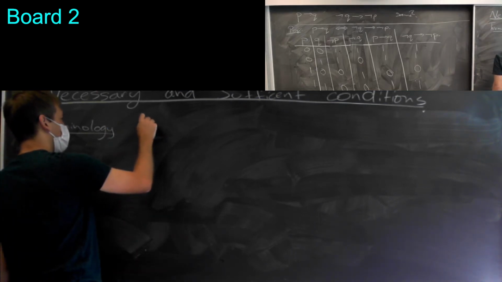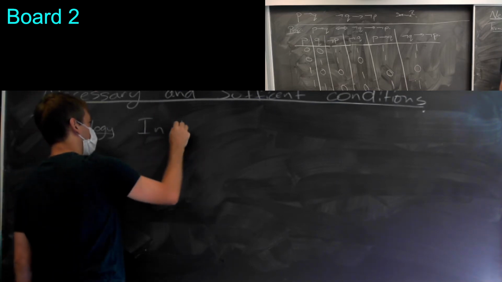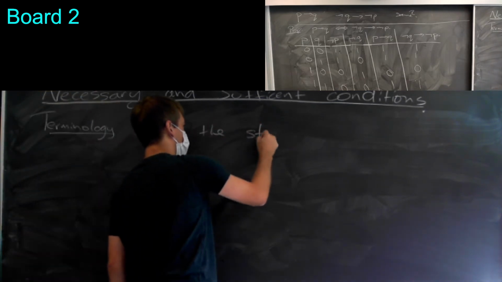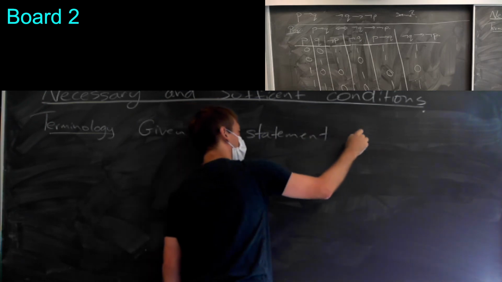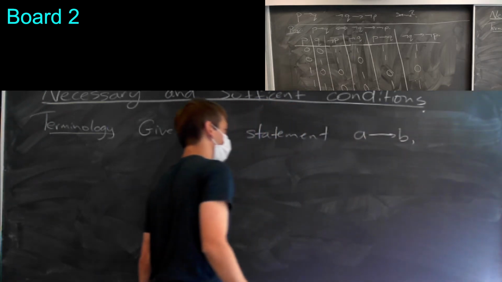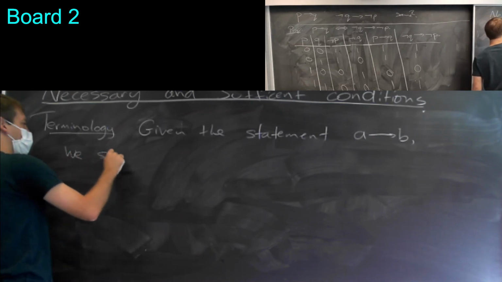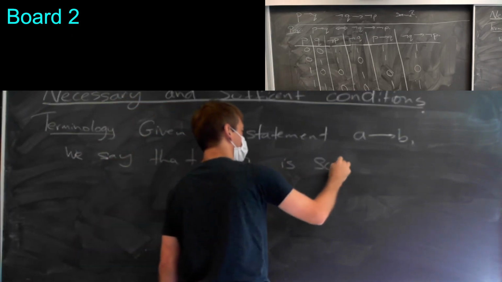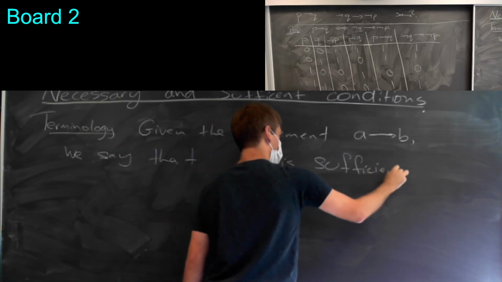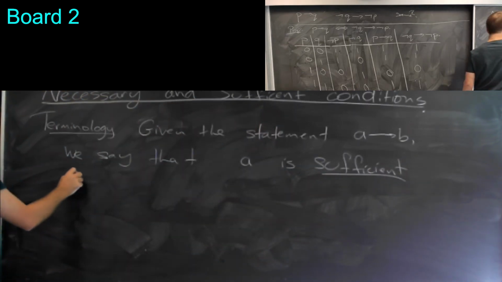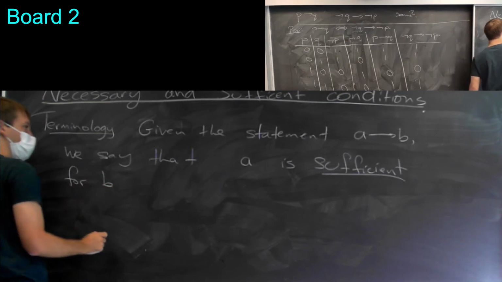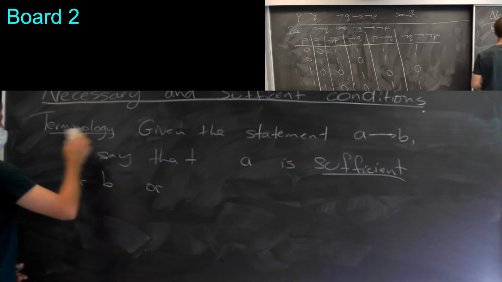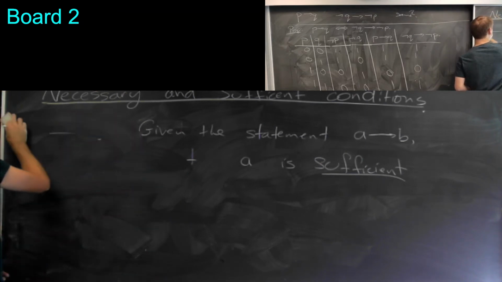So, given the statement, or compound statement, let's say A implies B. We say that A is sufficient for B, or maybe, sorry, let me do this another way.